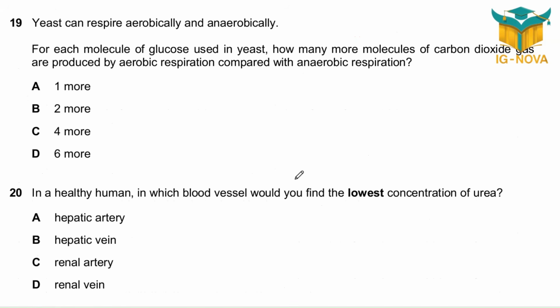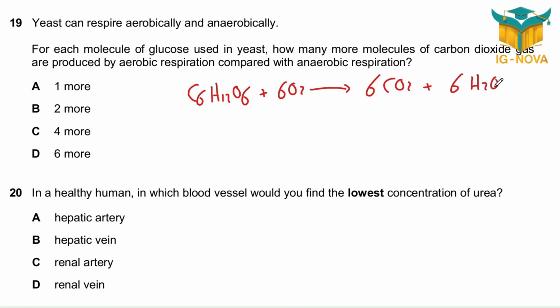Question 19. Yeast can respire aerobically and anaerobically. For each molecule of glucose used in yeast, how many more molecules of carbon dioxide can be released? Equation C6H12O6 plus 6O2 to give 6CO2 plus water. This one is aerobic. Don't forget that aerobic, air means oxygen in chemistry.